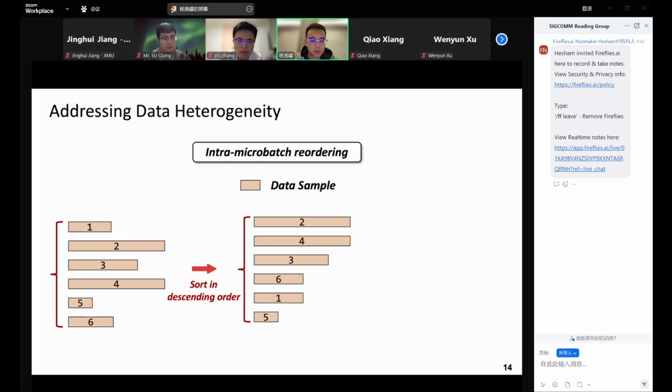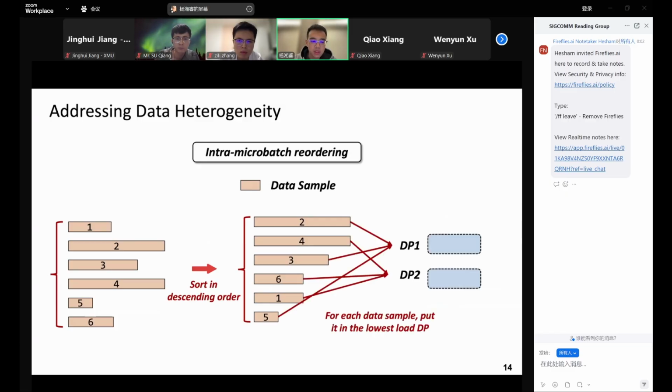First, before distributing the data for a global batch, it takes all individual data samples and sorts them in descending order based on their computational cost. Then, for this sorted list, DistTrain assigns each sample to the data parallel worker that currently has the lowest accumulated workload.